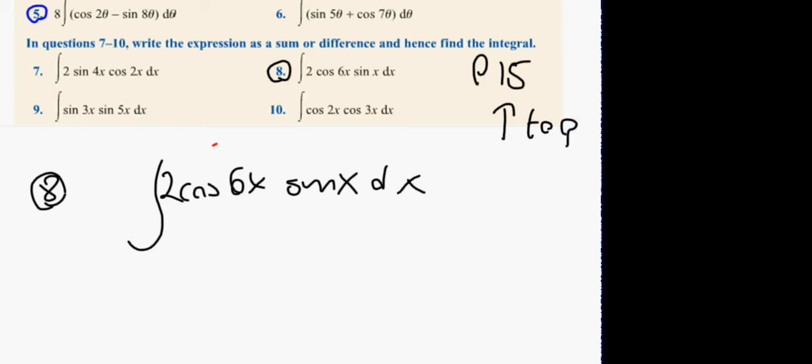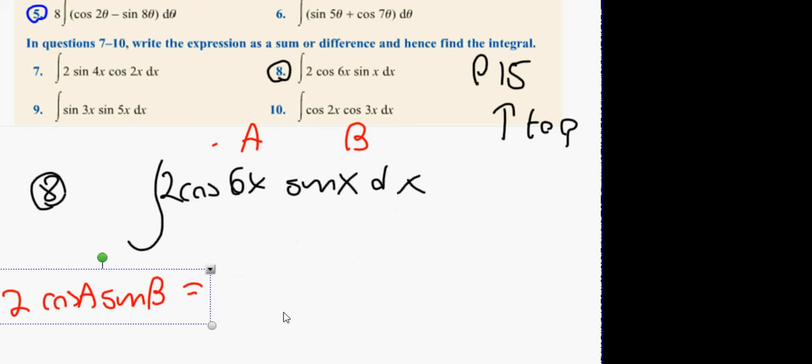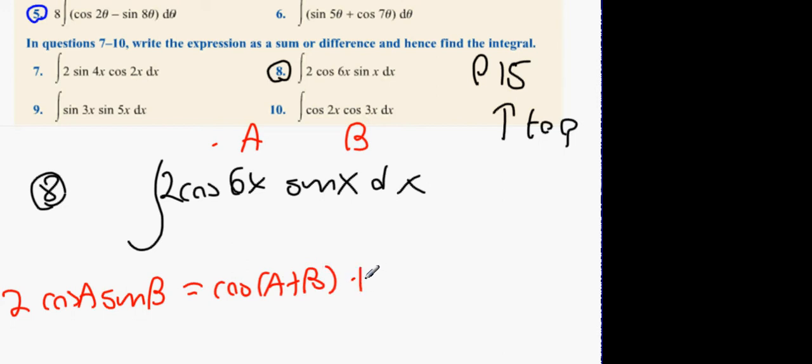Now, what I'm reading here is cos A sine B. What I'm looking to find out is what is 2 cos A sine B in these tables. And as it turns out, it's the very first formula. 2 cos A sine B is what, guys? It's cos A plus B plus cos A minus B.